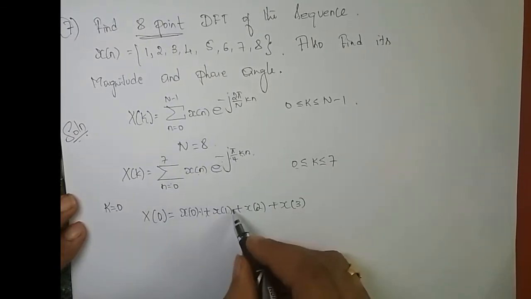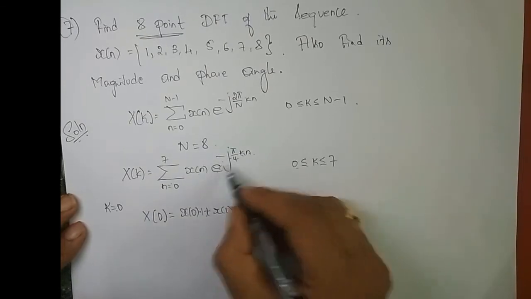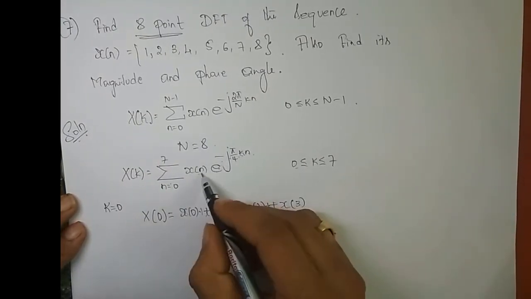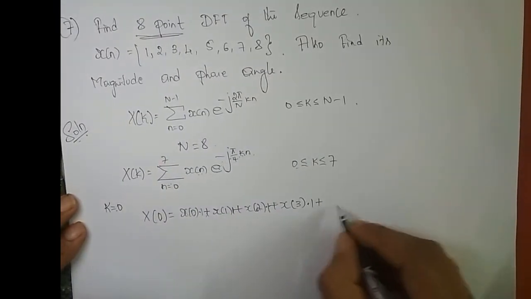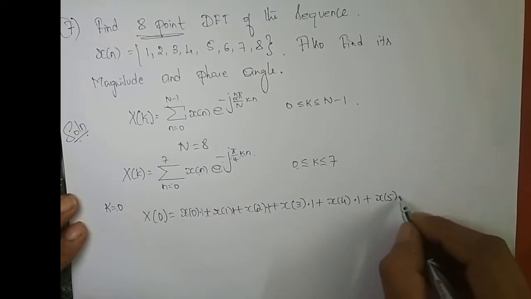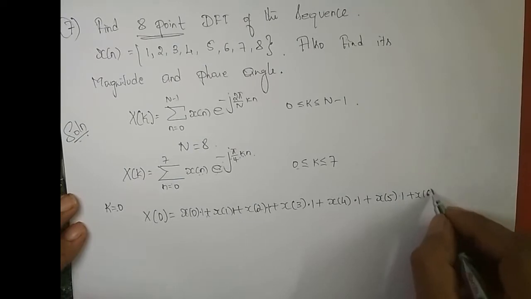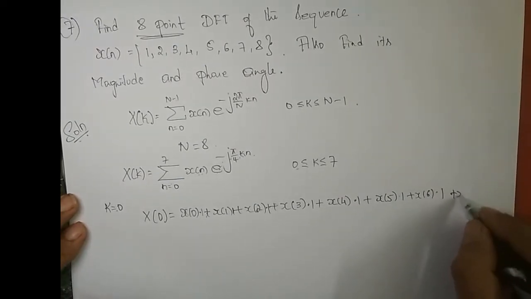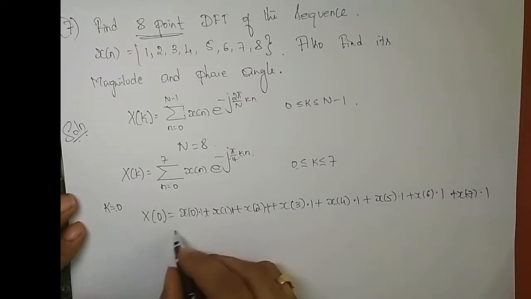So x of 0 into 1, x of 1 into 1, x of 2 into 1, x of 3 into 1, plus x of 4 into 1, plus x of 5 into 1, plus x of 6 into 1, plus x of 7 into 1. This is equal to what?